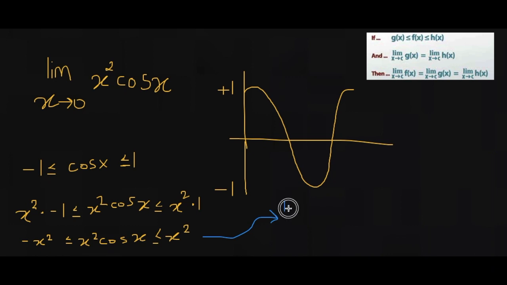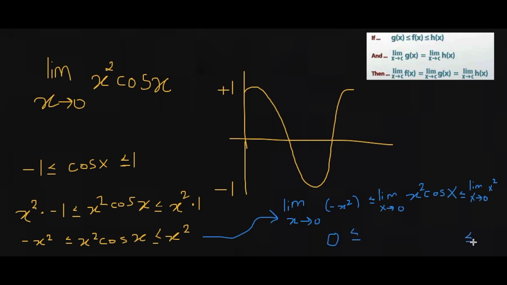Let's try to find the limit as x approaches 0 for each part of the inequality. Now the limit as x approaches 0 for negative x squared is just 0 when you plug it in.